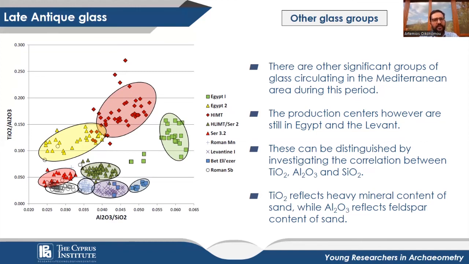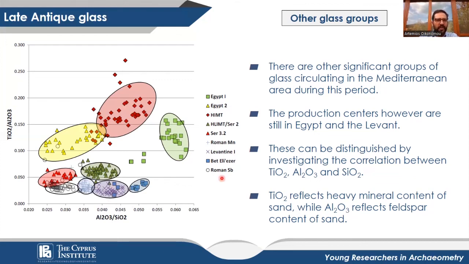There are also a number of other compositional groups that were used during this period, but are mostly only of local or regional significance. We can distinguish groups of glass called Levantine 1 and 2, down here in the graph, manufactured on the Levantine coast at the large primary glass production sites such as Apollonia and Bet Eliezer.